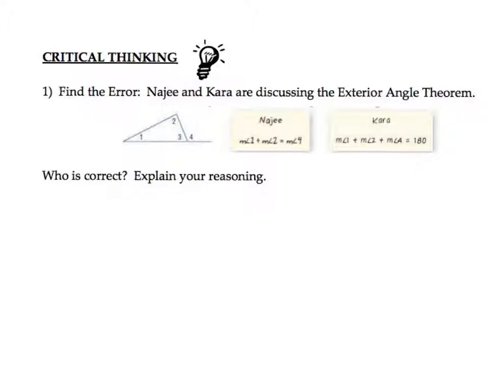Well, if I remember the exterior angle theorem, the exterior angle is found by adding the two remote interior angles, which are angle 1 and angle 2.